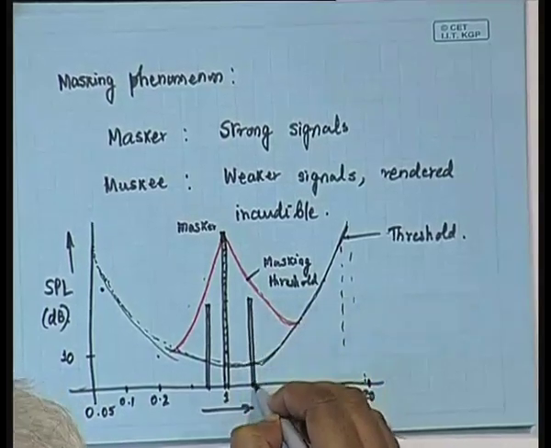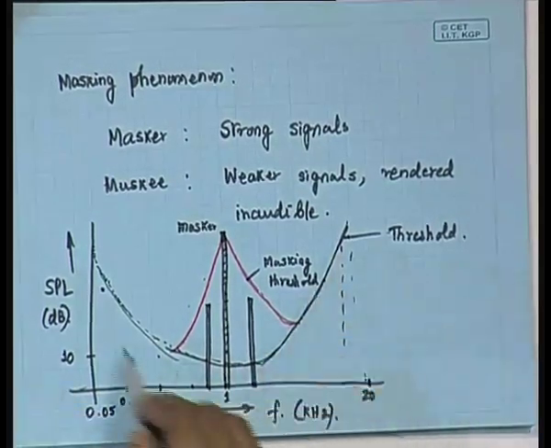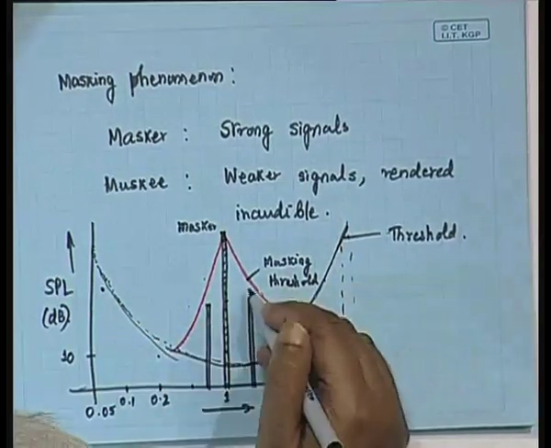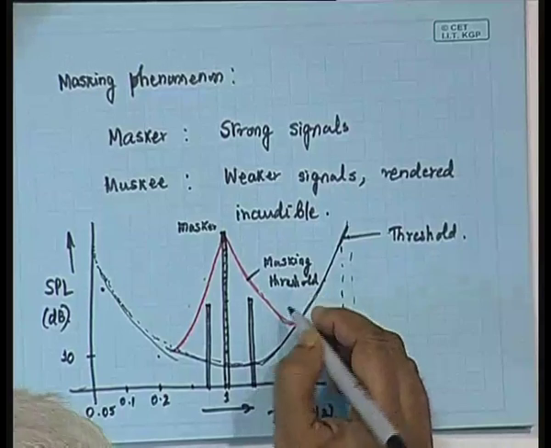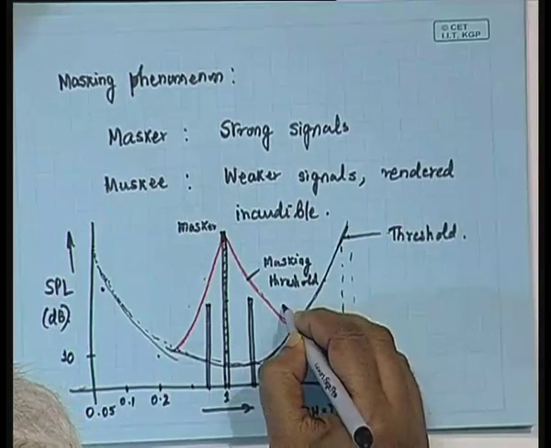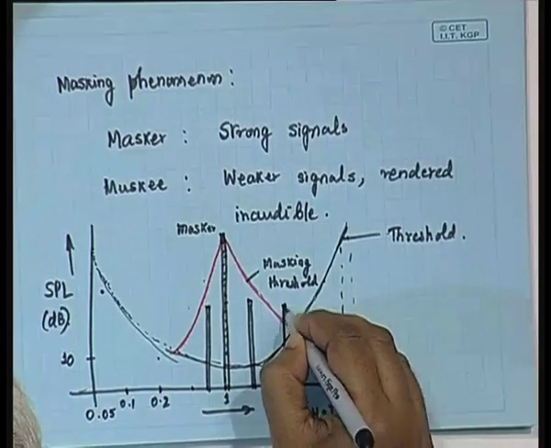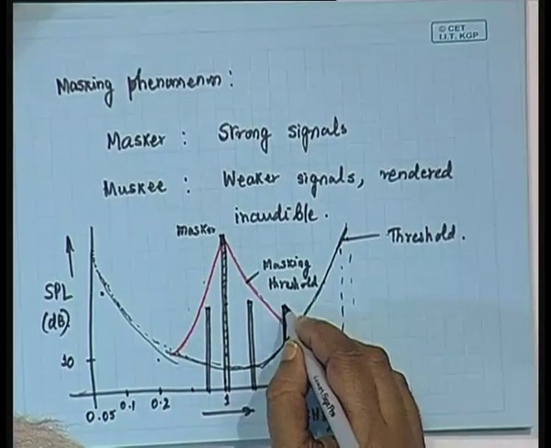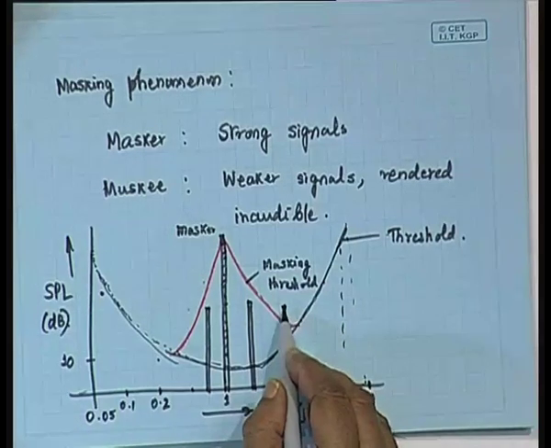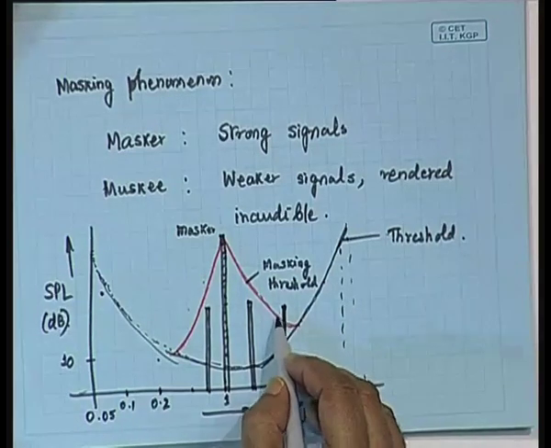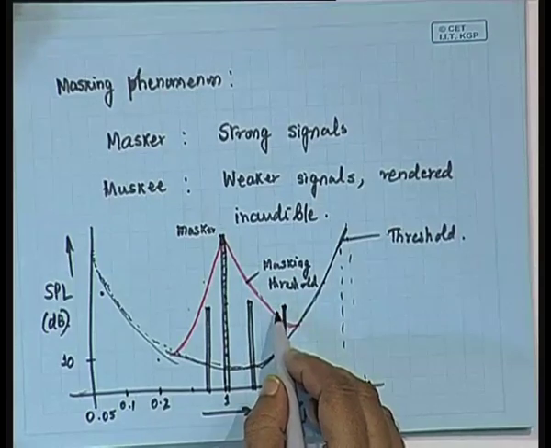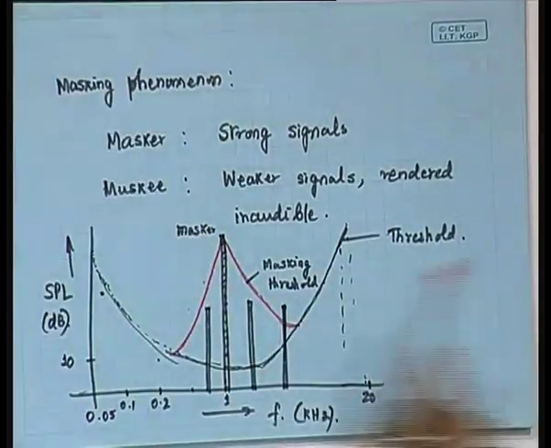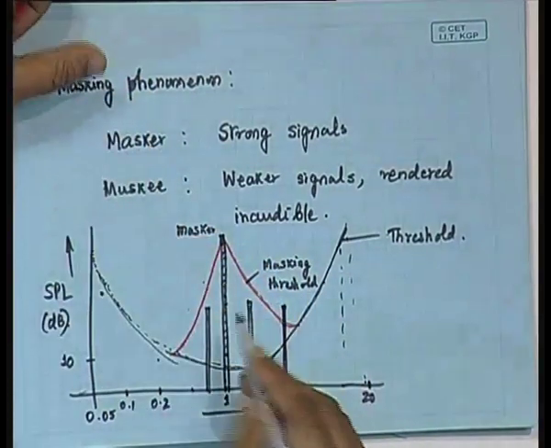Normally it would have been audible because it is above the auditory threshold, but it is below the masking threshold. If a sound source is present over here with this frequency and this intensity, then it is audible. Why? Because it is coming above the red line. So in order that it is audible, it should be above the red line.